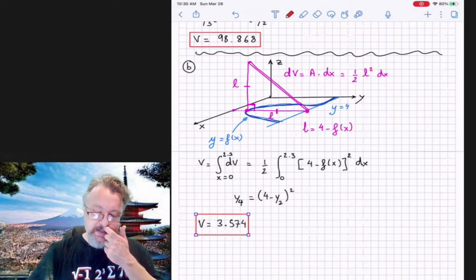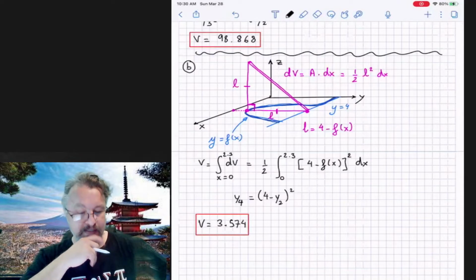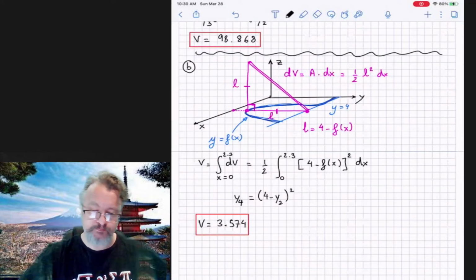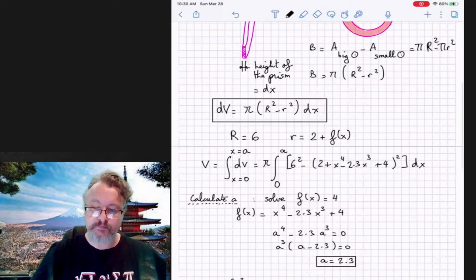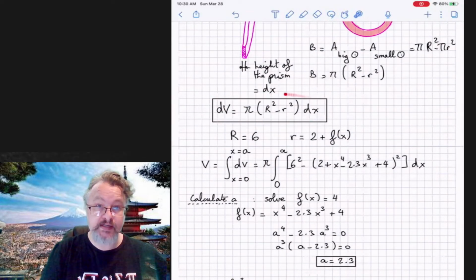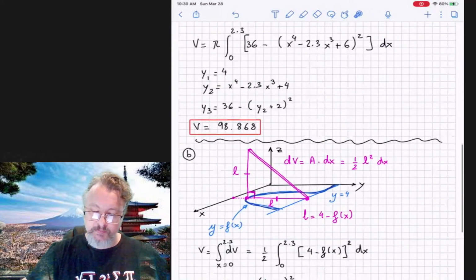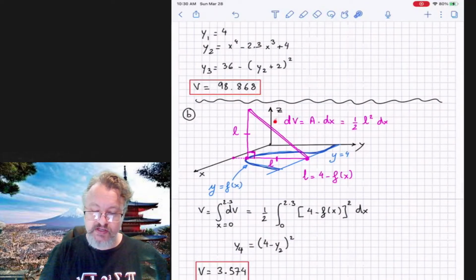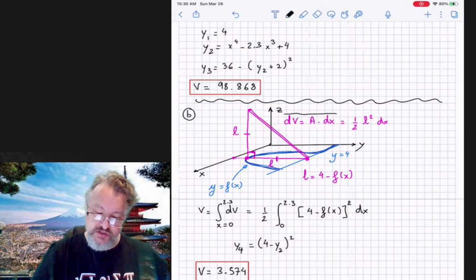So just like in part A, when you were asked to find a volume of revolution, we started with this basic idea. This here is essentially the formula for the volume of a little washer. This is the formula that you need to use for a volume of cross-section area.